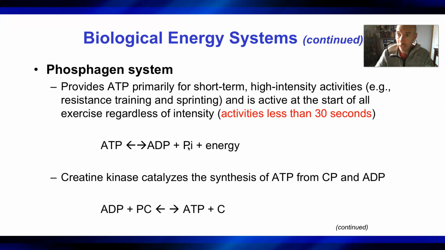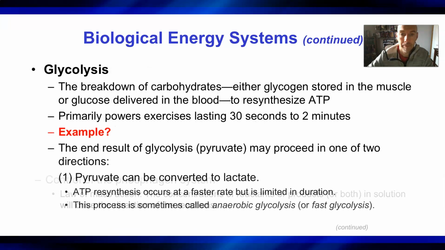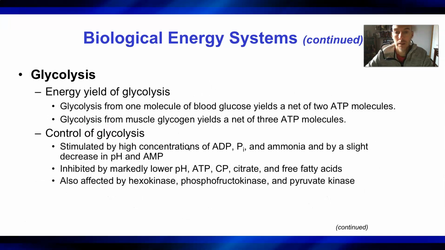And those things begin to accumulate in our cells, and those products then act to start stimulating glycolysis to start doing its thing, right? There's a few other products as well that will stimulate it, but I'm not going to mention them right now, but just know that there are some other things that stimulate glycolysis.